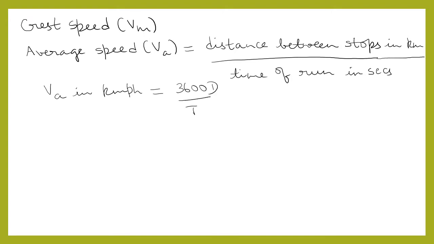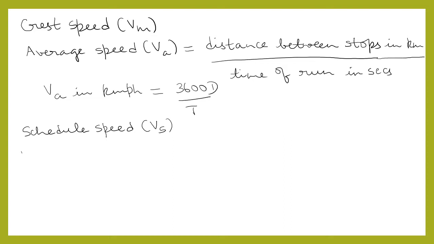Next we have schedule speed. It is denoted by Vs. It is the ratio of the distance between any two stops and the sum of the time of run and the time of stop.